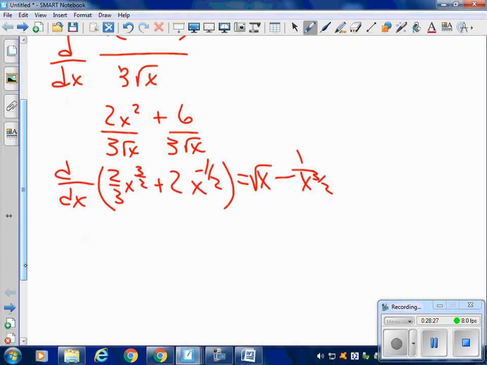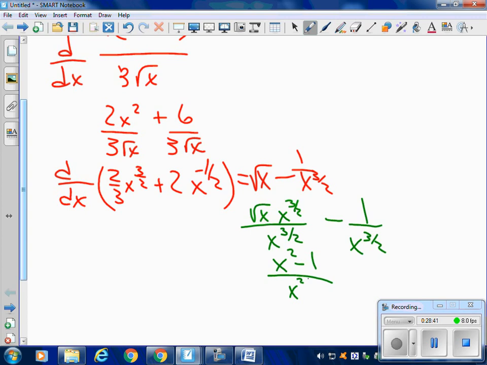So if I put x to the 3/2 on top and bottom, so that I can get a common denominator, 1/2 plus 3/2 is 2. So x squared minus 1 all over my denominator. So a lot of times you're going to multiply something out, you're going to divide it out, you're going to do the derivative, then you're going to do right the opposite. You're going to put it back together with a common denominator.